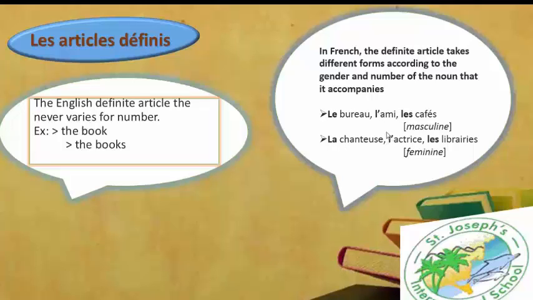L'apostrophe we use it for both masculin ou féminin singulier that start with vowels like A, E, I, O, U et parfois le H. Les, we use it with the nouns pluriel, masculin ou féminin pluriel, as you see. Les cafés, les librairies. Okay, let's move on.